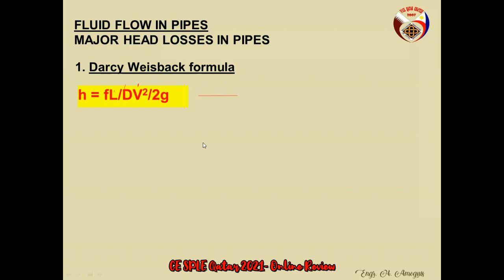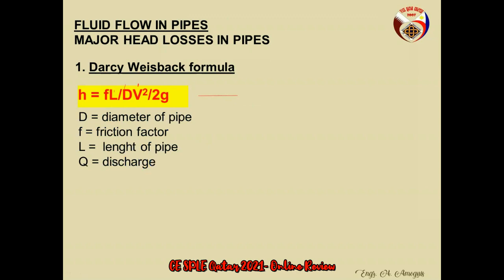Major loss in pipe: first is Darcy. F L over D, V squared over 2g. F is the friction factor, L is the length of pipe, and D is the diameter, with velocity over 2g.